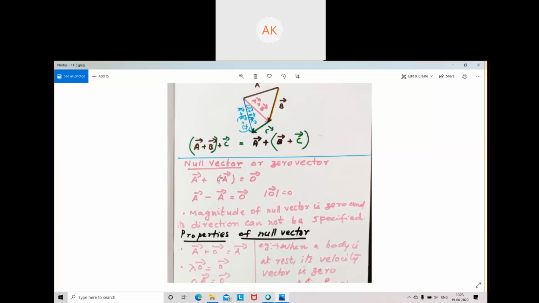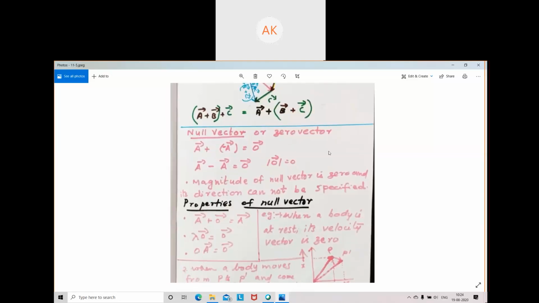So when you add a vector A with minus of that vector A, what will be the resultant vector? That will be the zero vector. Similarly, vector A minus vector A equals 0, and the modulus of a zero vector is 0. Modulus: two lines are drawn, which represent the modulus of the vector. The modulus of the zero vector is 0.